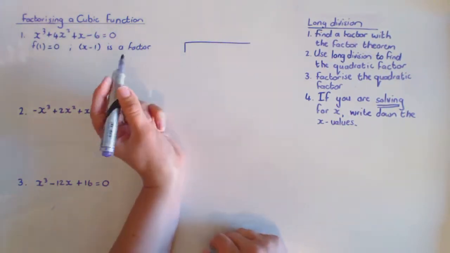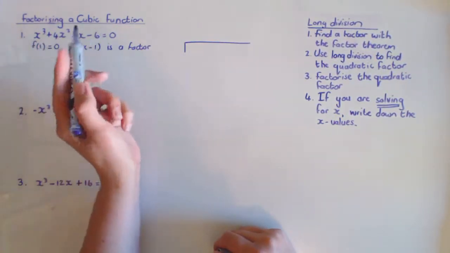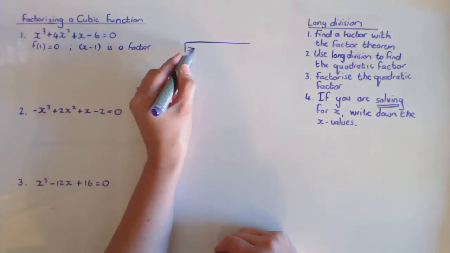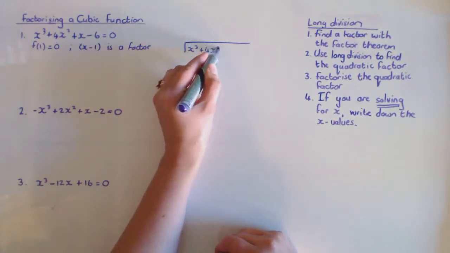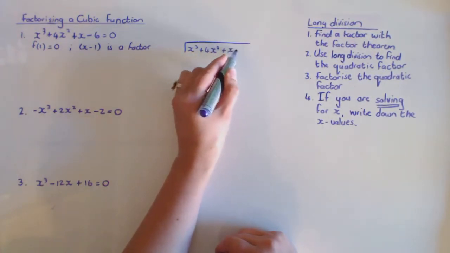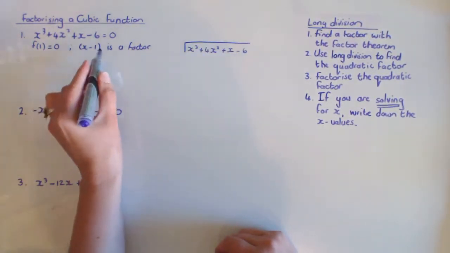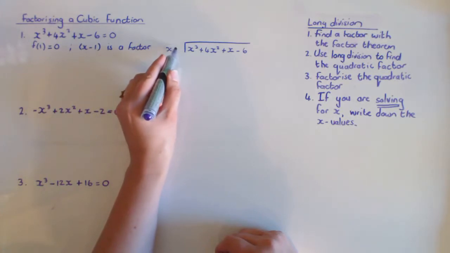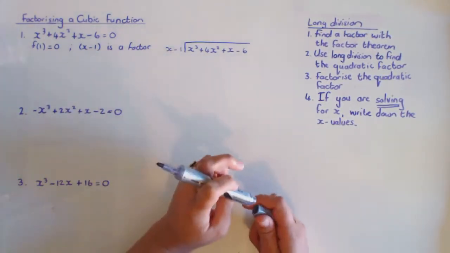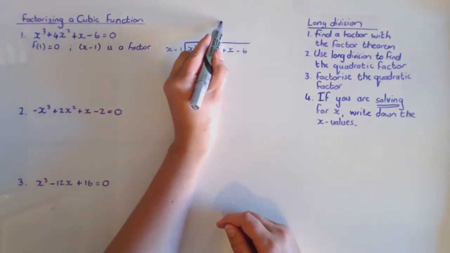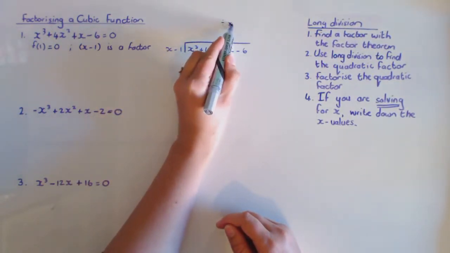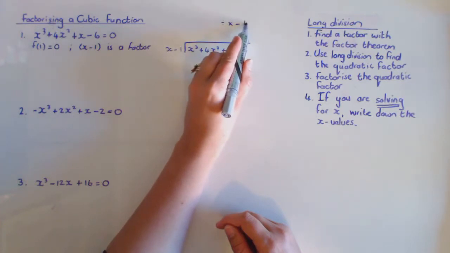So to use long division, I'm going to take my cubic function that I'm working with here, x cubed plus 4x squared plus x minus 6, and divide it by this factor x minus 1. To divide, I'm going to follow the same pattern: divide, multiply, subtract, bring down.